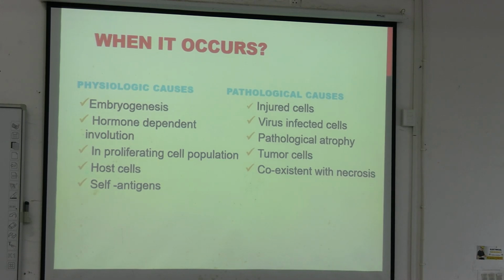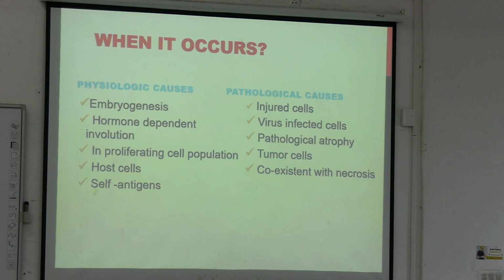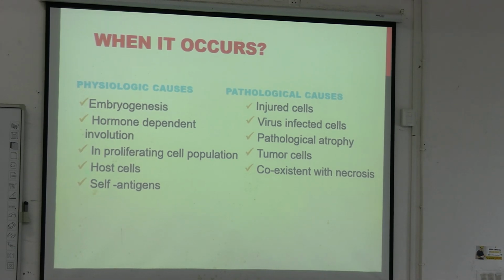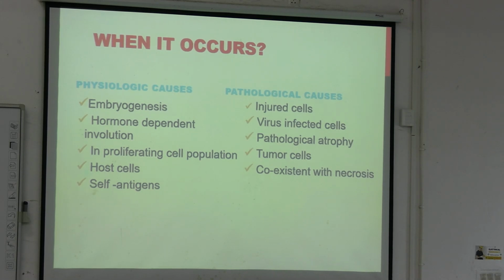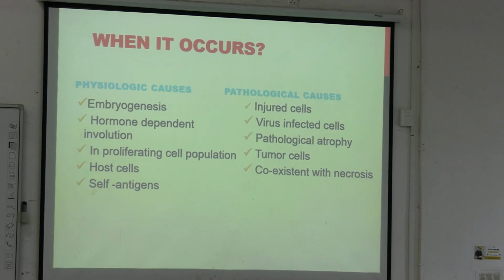Next is pathological causes. Whenever a particular cell is injured, mostly viral infected cells, there might be an apoptosis or some kind of pathological atrophy. Suppose there is a decrease in vitamins, a decrease in micronutrients within the body.